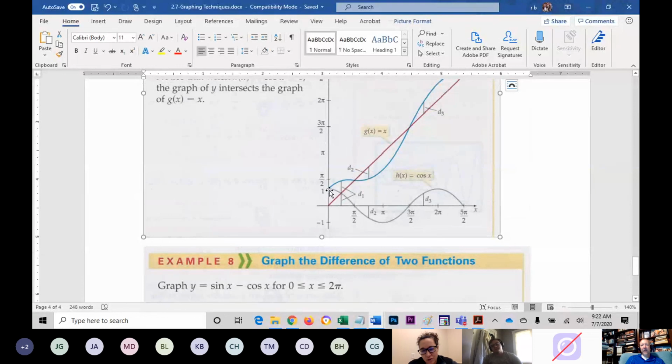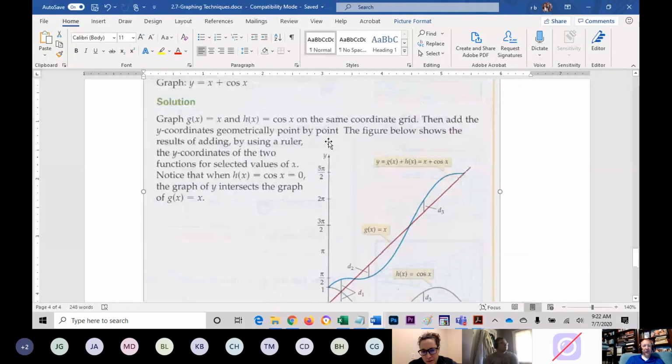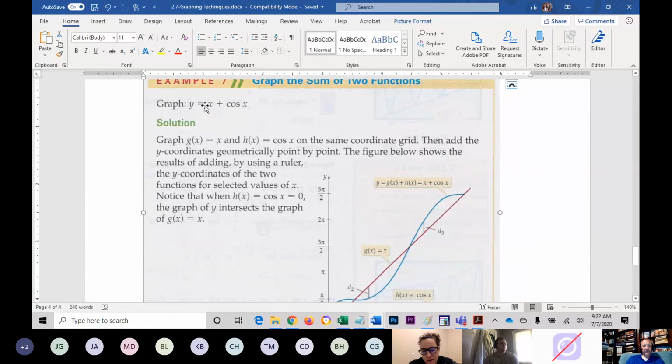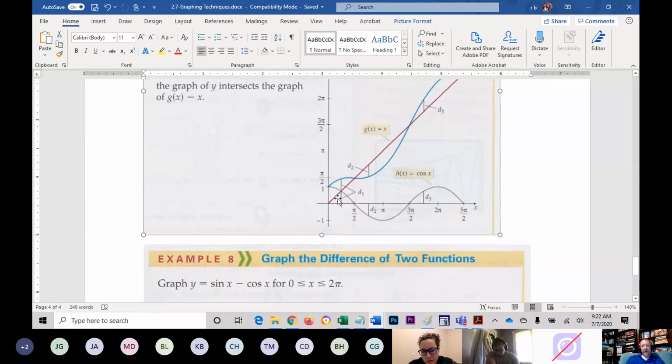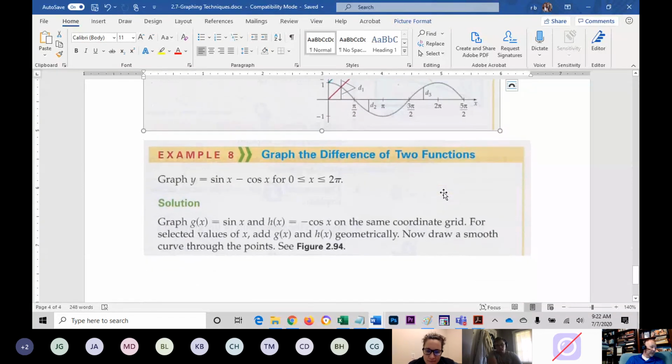So this gray curve here is just the regular cosine of x, unshifted. The red line is your x, the y equals x line. And then the blue line is when you add them together. Okay, gotcha. Thanks.